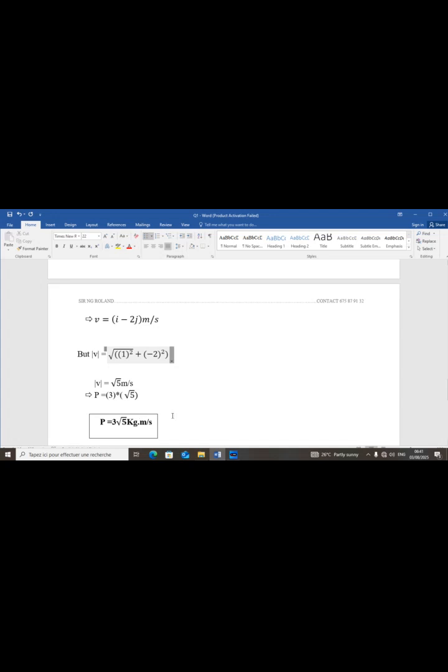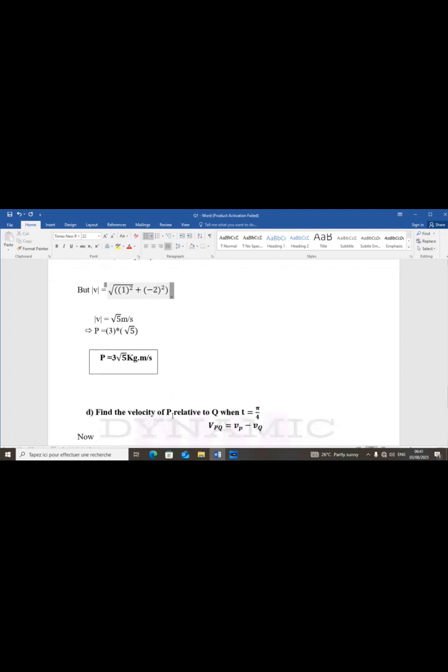Now we are asked to look for the velocity of P relative to Q when t equals pi on 4. We know very well that the velocity of P relative to Q is given by Vp minus Vq.